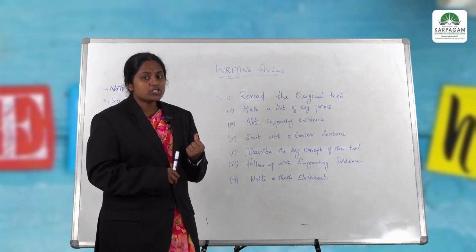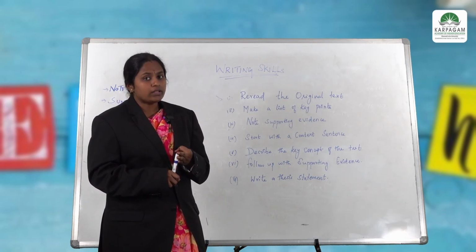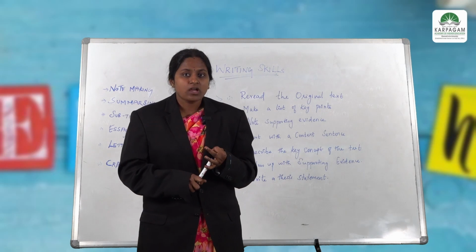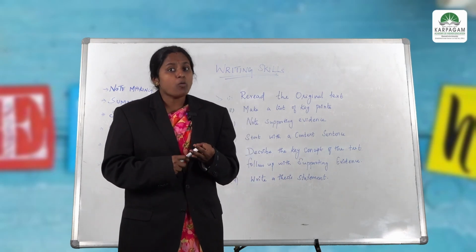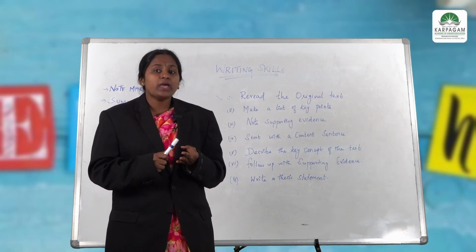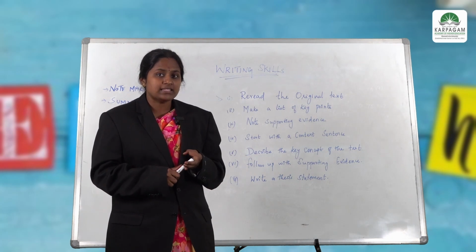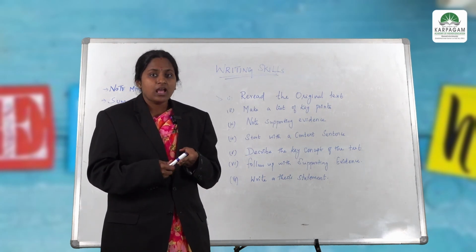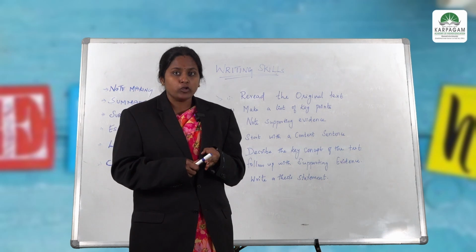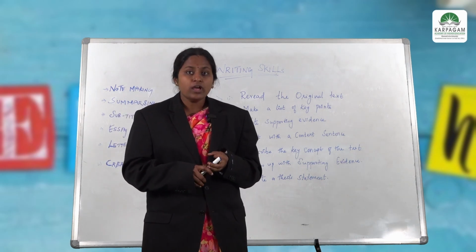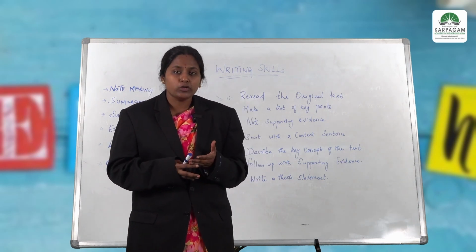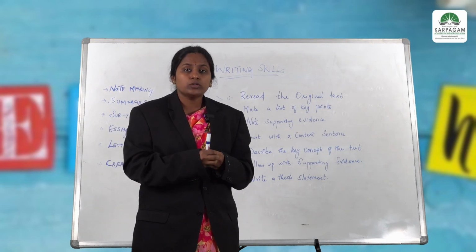In rereading the original text, we follow three points: you should read the text once again, once or twice, you should pay close attention to the particular text, and it should be repeated. If the text is already known to you, it is more of an advantage, and you can stay closer to the text.